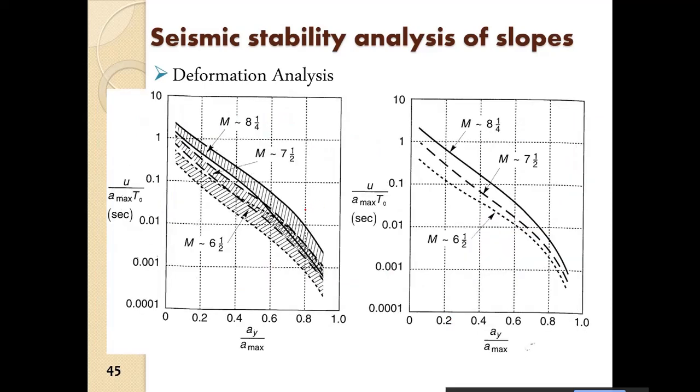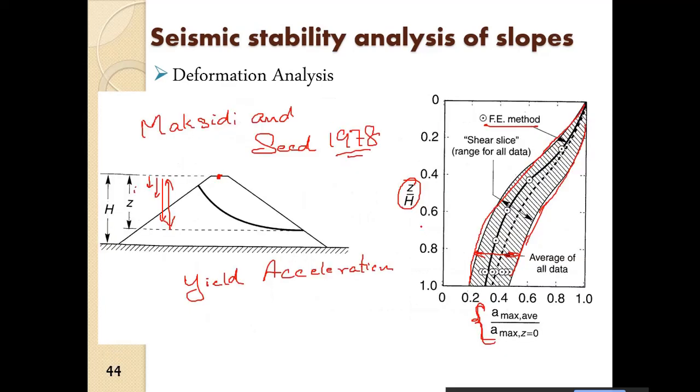And then what they did, they plotted the variation of the average maximum acceleration with depth. This is the plot of that variation, and this is what they got. They showed that the acceleration is not constant within the embankment.